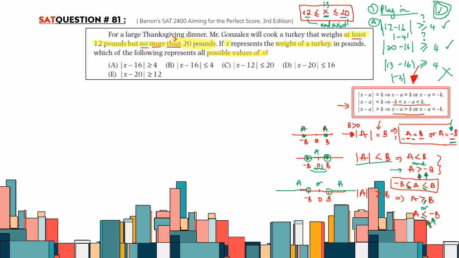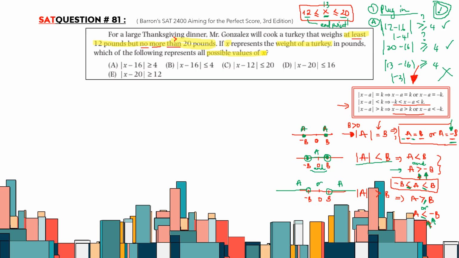Then you have D is negative. Let's say 13 minus 20 is negative 7, so it's like positive 7 because of the absolute value. It's still less than 16, so when we use plug-in, it's sometimes still not really good for deciding which one is the best answer, right?